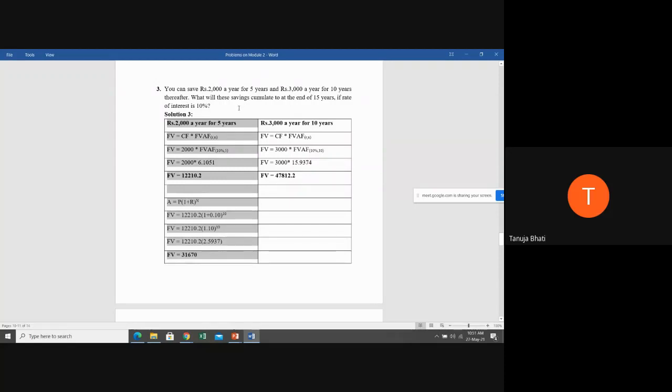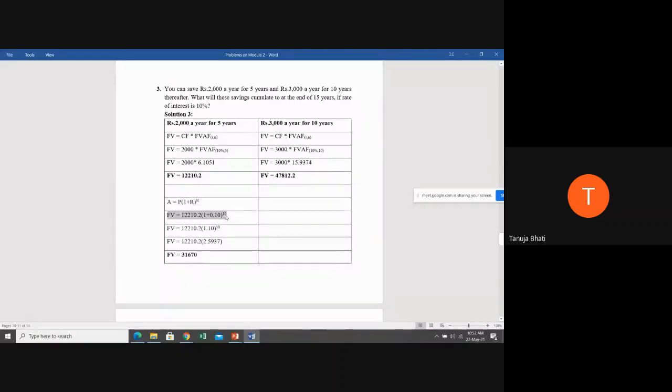Again, I'm repeating, 2,000 is invested for a period of 5 years. So in this calculation we took N as 5, and we got the future value at the end of 5 years. But in the exam, in the question, they are asking at the end of 15 years. So from 5 years, this amount of 12,210 has to be invested again in order to reach the end of 15 years. So this becomes a single cash flow for us, so we have taken the formula for single cash flow.